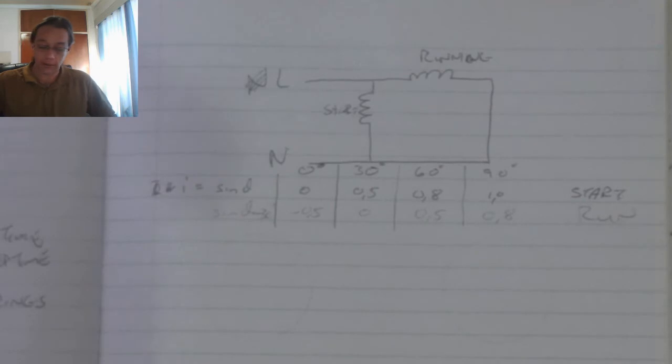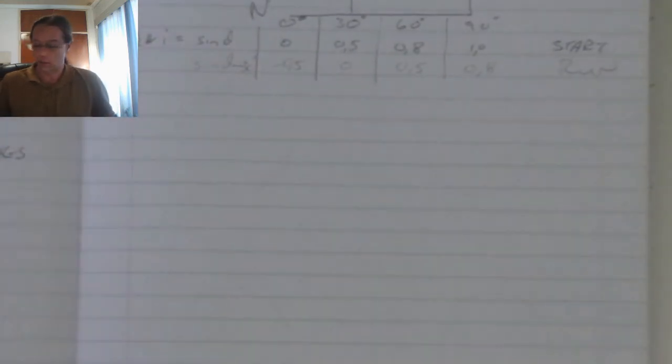Now let's accept that in our motor my starting coil is placed on the horizontal axis and the running coil is placed on the vertical.